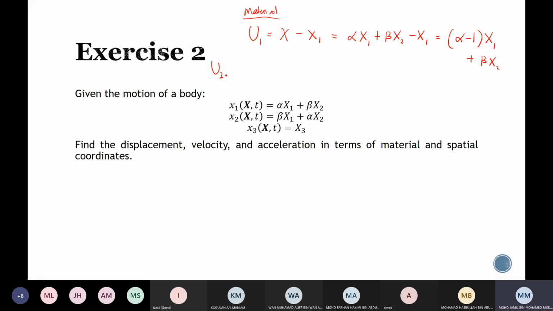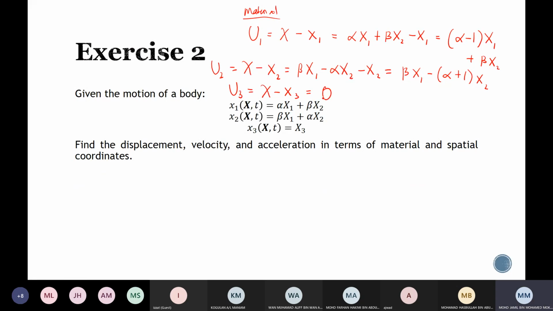So similarly, u2 is the mapping minus x2. So take the second mapping. So beta x1 minus alpha x2 minus x2. So you get beta x1 minus alpha plus 1 x2. Okay, there seems to be a mistake somewhere, but it's okay. And then for u3, it's just the mapping minus x3.